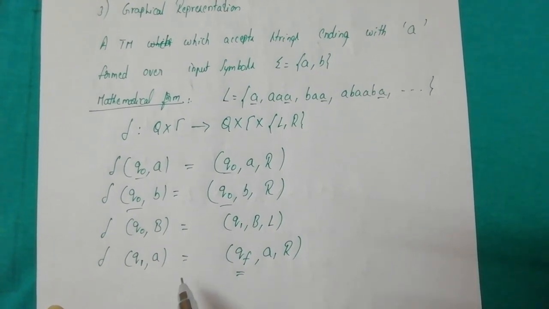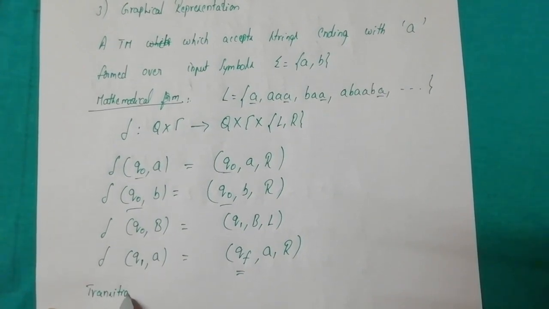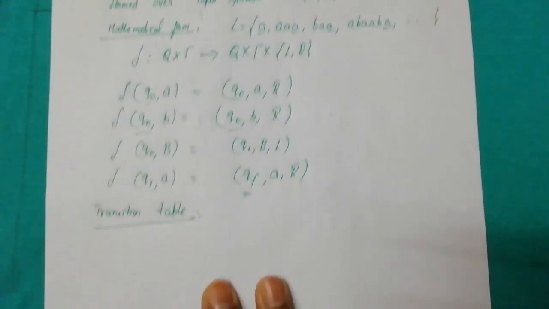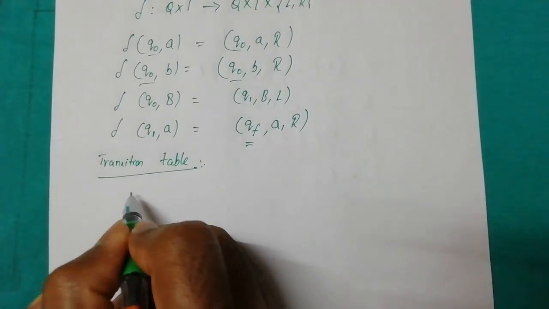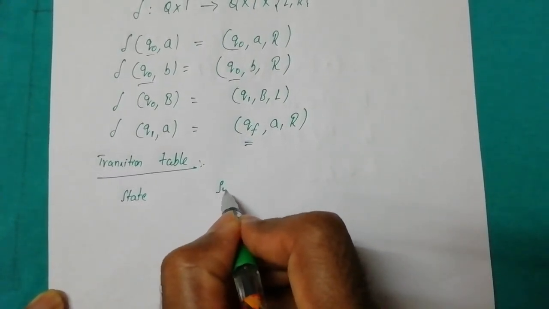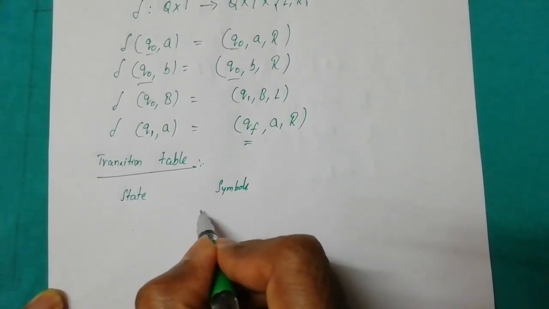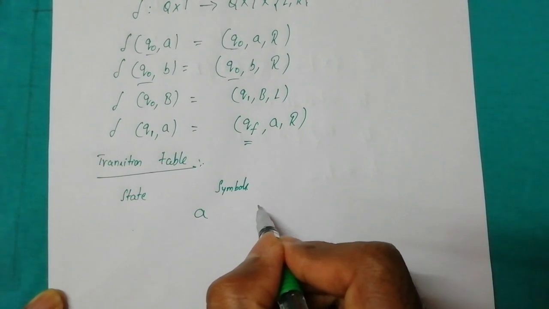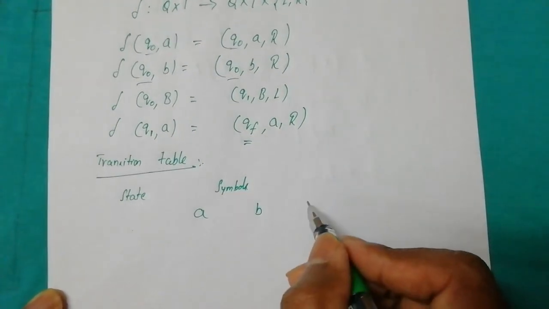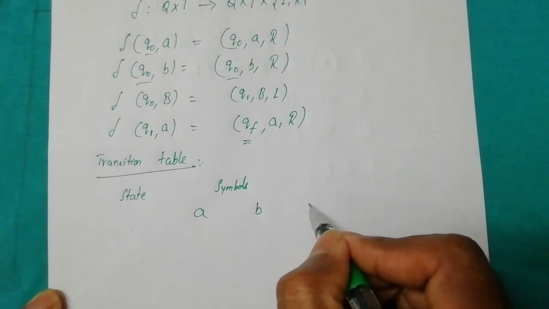Now let us see second form, transition tabular form. State, symbols include input symbols A, B, and we are not introducing any new symbols, so input symbols are A comma B, and finally blank symbol.